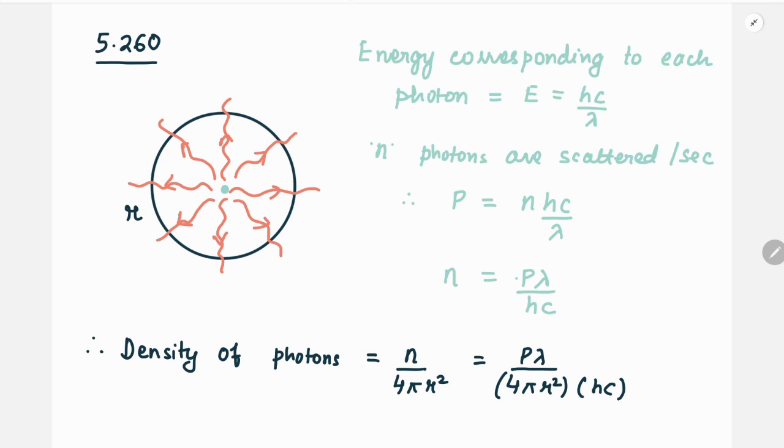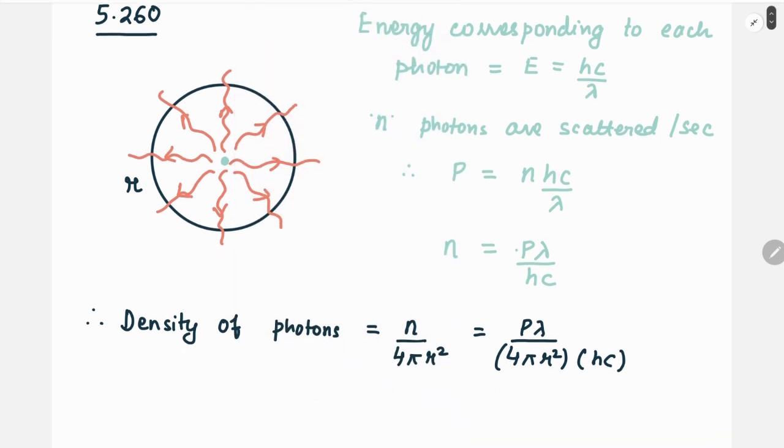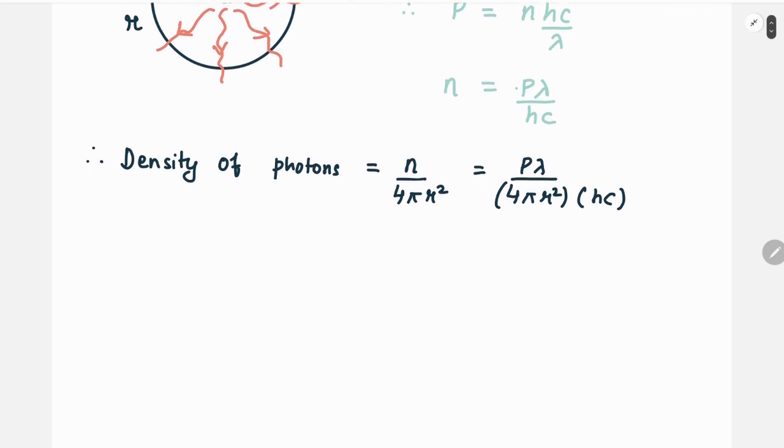So let us substitute the values which we have. The problem is stating that we have a wavelength of 589 nanometer, which can be written as 589 into 10 to the power minus 9 meter. The power of the source is 10 watt, and we are discussing it at a distance of 2 meter.